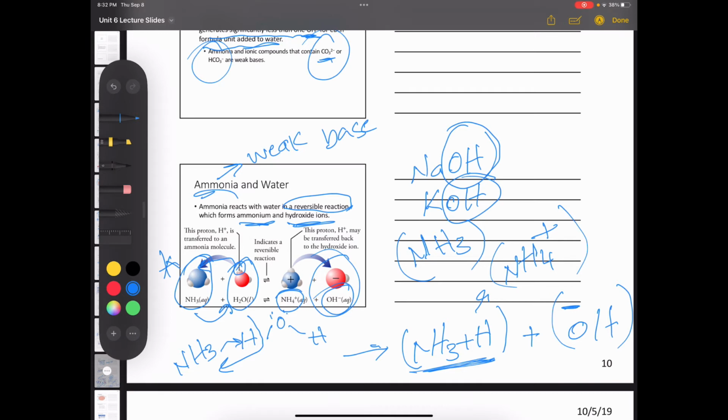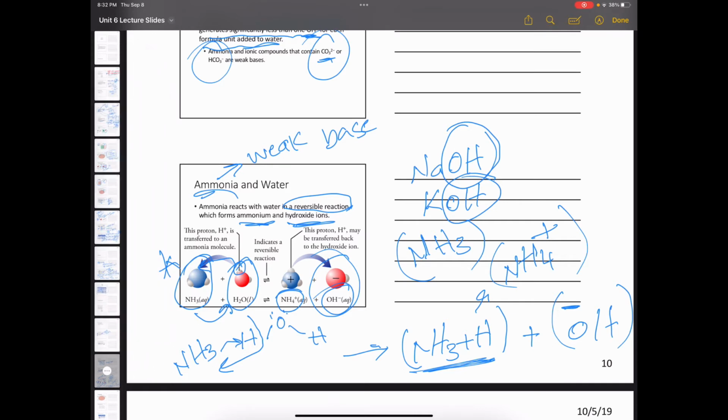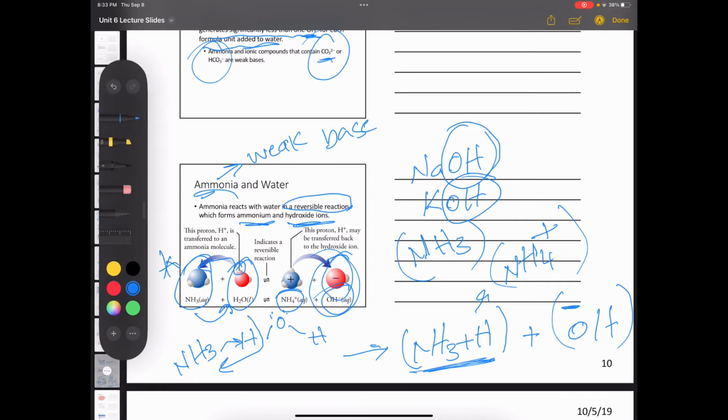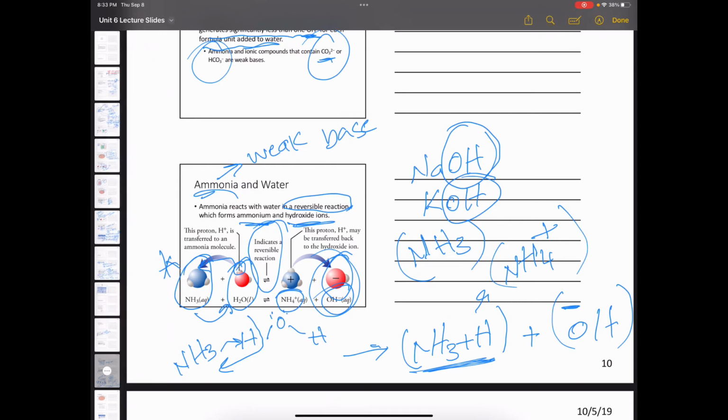So although ammonia does not have hydroxide by itself as an ion within its structure as NH3, it still forms OH ions, which makes it classified as a basic material. However, the concentration of the OH formed in this case is very small. It's not a significant concentration. That's why it is indicated as a reversible reaction. It points back to the reactants. That's why ammonia is considered a weak base.